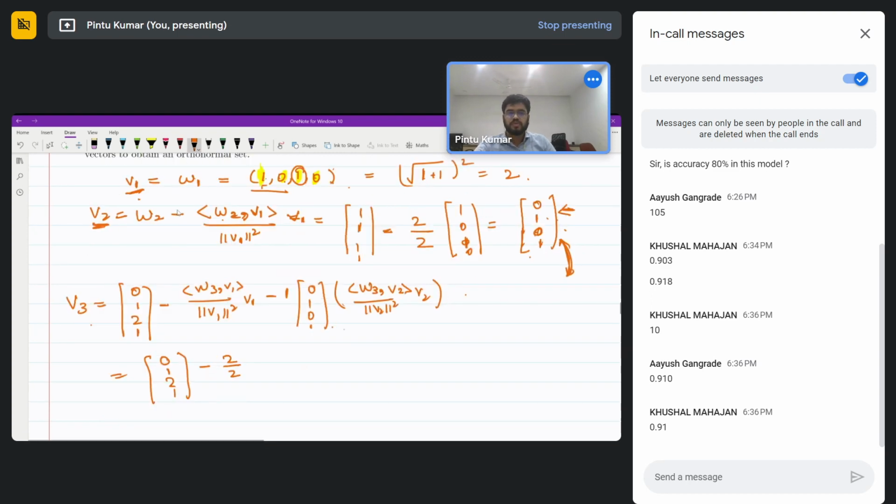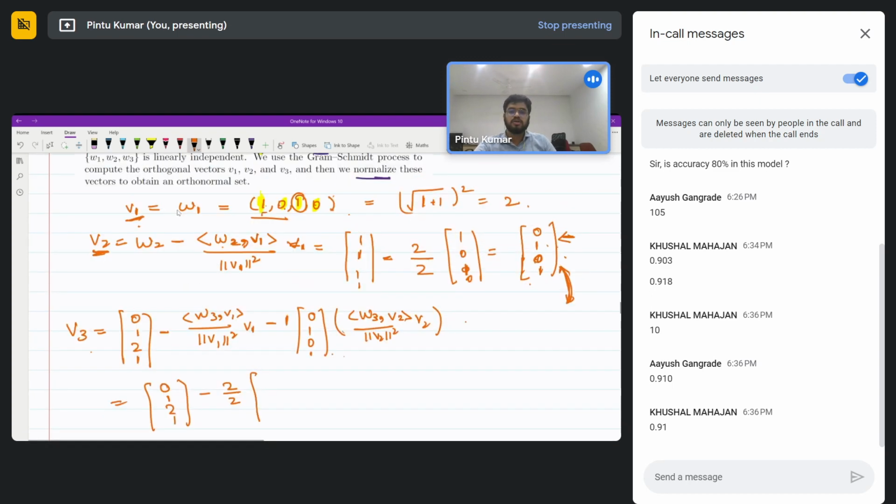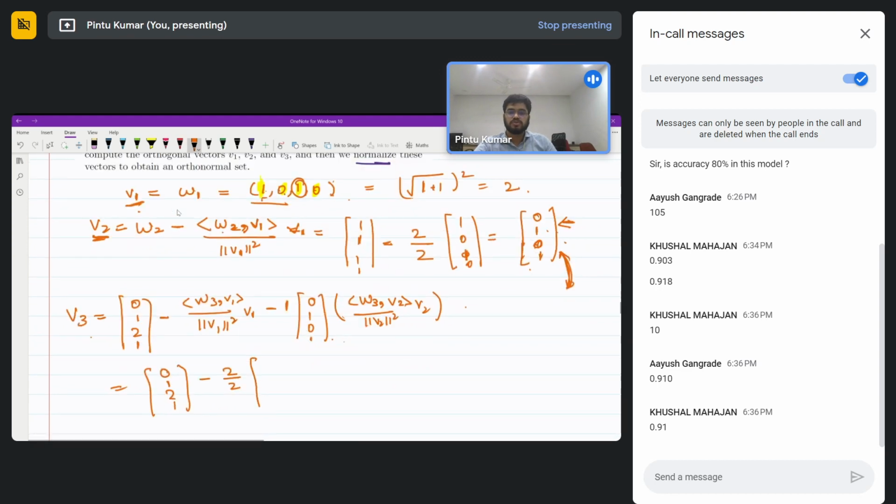So, and V1 is nothing but 1 0 1 0, 0 minus 0 1 0 1. So what do we obtain? This is 0 minus 1 minus 0. This is minus 1, right? And this is 1 minus 0 minus 1. This is 0. 2 minus 1 minus 0 is 1.